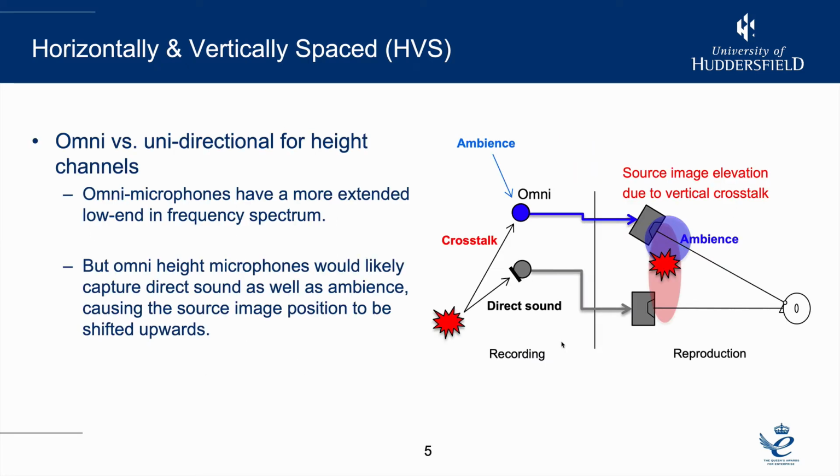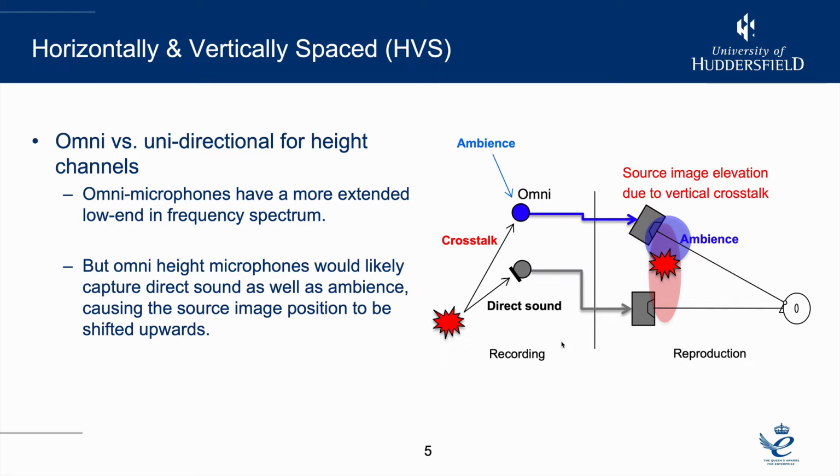So there is this question of which of these different polar patterns of height microphones would be more suitable for creating the sense of height in reproduction. Firstly, omni microphones are often preferred by professional engineers because they offer more extended low end in the frequency spectrum. But one of the potential issues is that omnis capture sound from all directions, which means omni height microphones would likely capture a lot of direct sound as well as ambience.